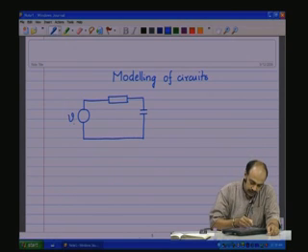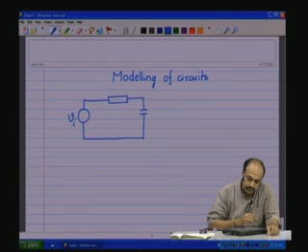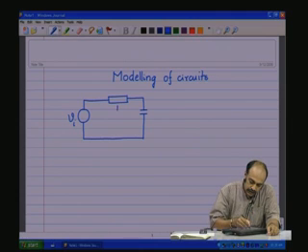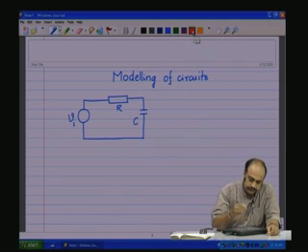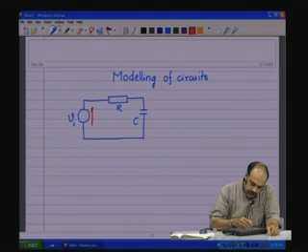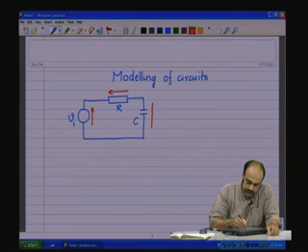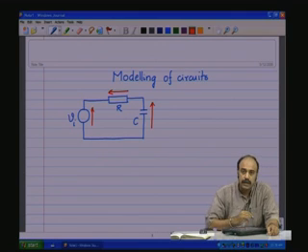The source has Vi, there is a resistance R and a capacitance C. The source has the voltage arrow direction as shown here, with the voltage across the resistance and the voltage across the capacitance shown like this.